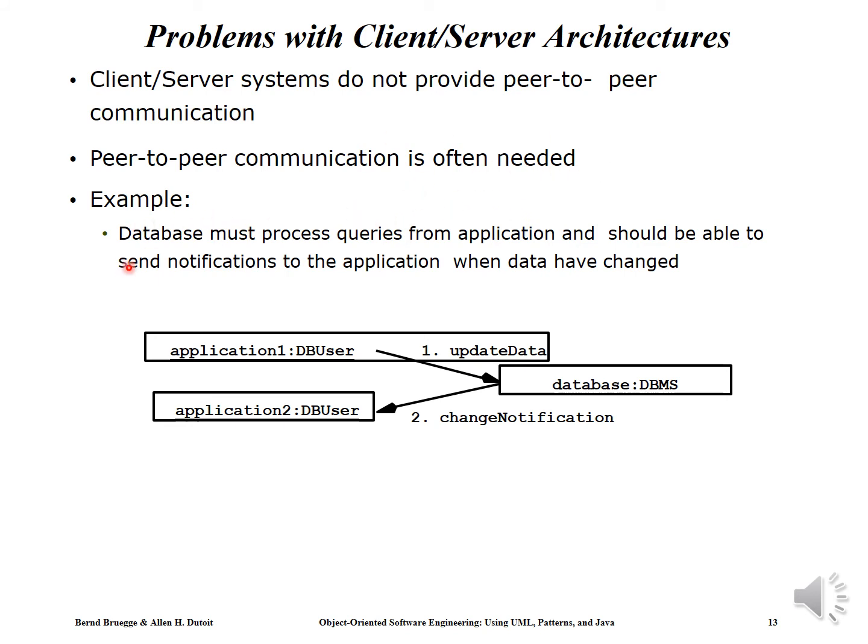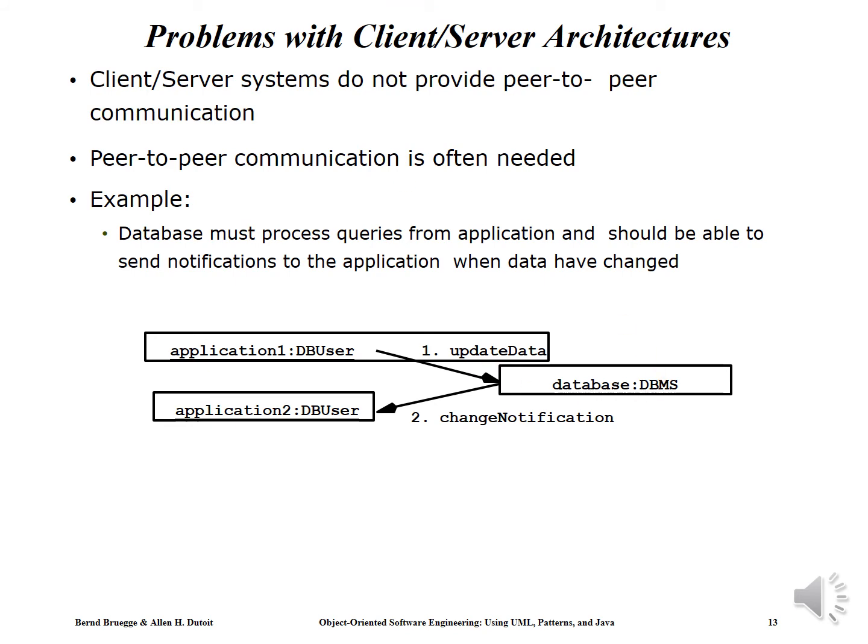For example, a database must process queries which are requested from some application database user, and the queries update data, and after processing the query it should notify some other application as well that the data is changed. The client server architecture does not have the capability to provide this type of service because it does not support peer to peer communication.